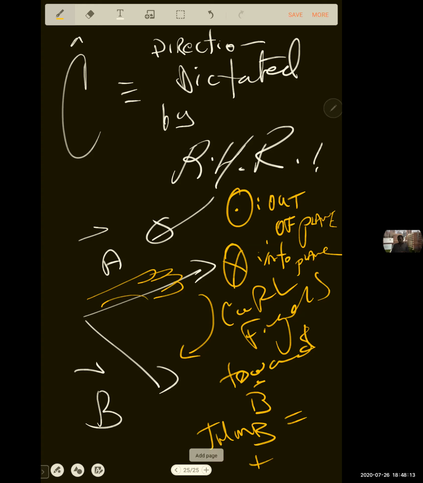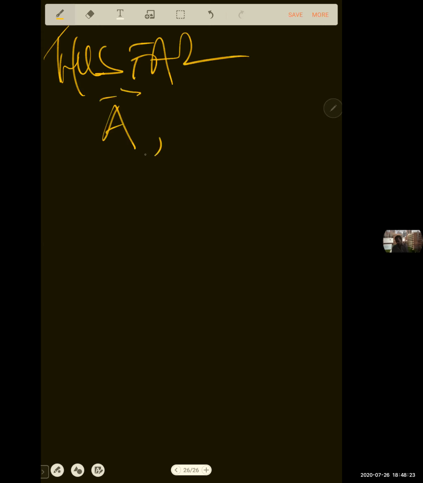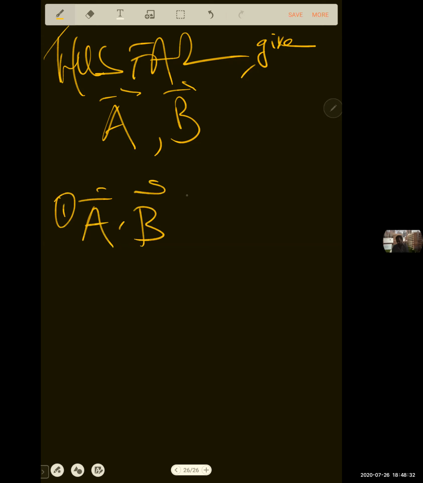That's what I could say about the cross product. But to sum up, and we're really almost done, so far what we have is that if you're given A and B, then A dot B is necessarily going to be equal to AB cosine theta, end of story.